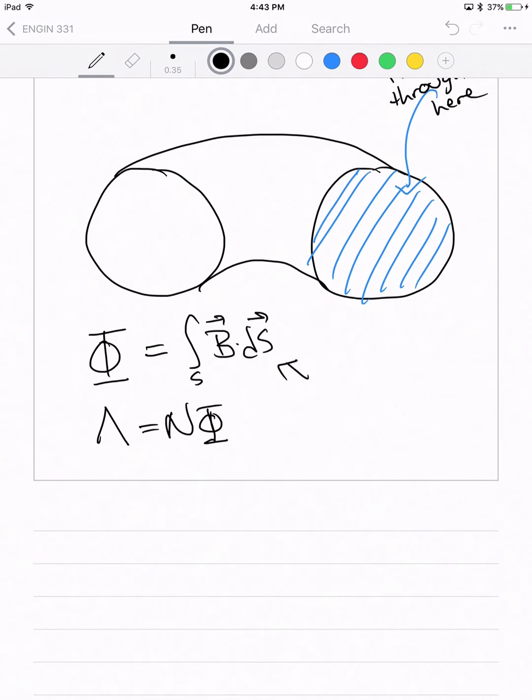Now, this is the thing. Since little b, the radius of the cross-sectional area, is much less than r naught, the mean radius of the toroid, we can assume constant magnetic flux density, B, over the cross-section.